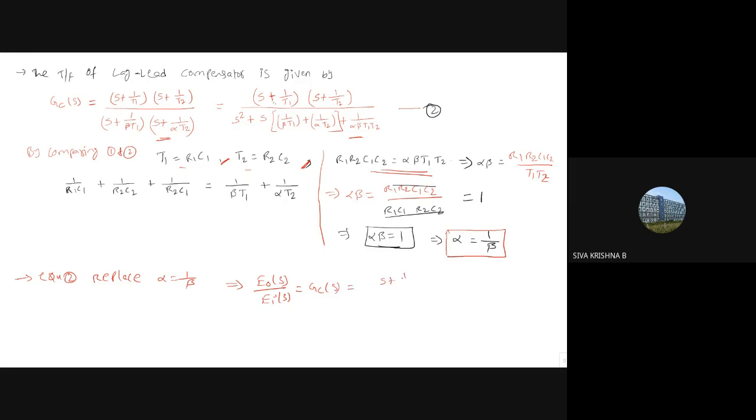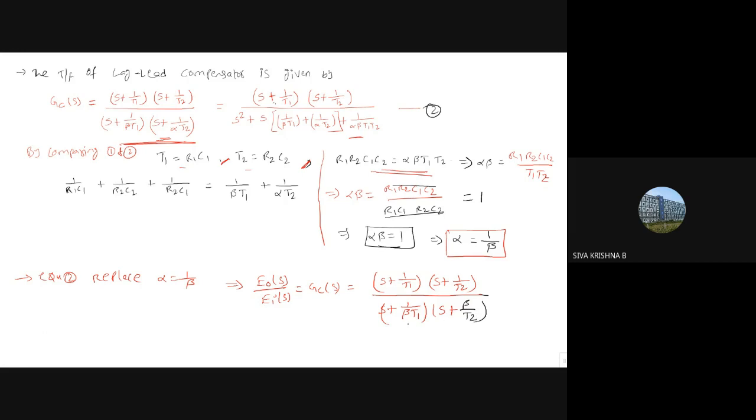S plus 1 by T1 is multiplied with S plus 1 by T2, whole by S plus 1 by beta T1. And what about the second one? What if alpha equals 1 by beta? What is there? S plus beta by T2. Very good. Beta by T2, because alpha is 1 by beta, so it goes to the numerator. Beta by T2, this is the representation.